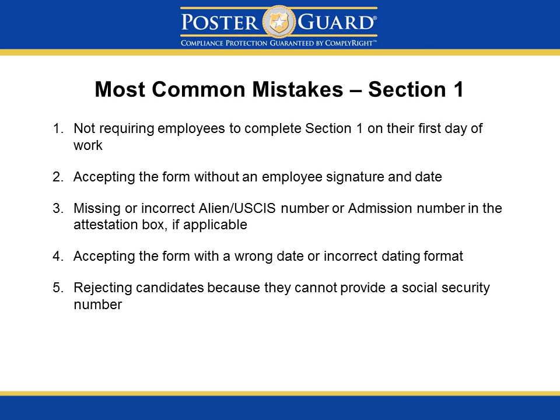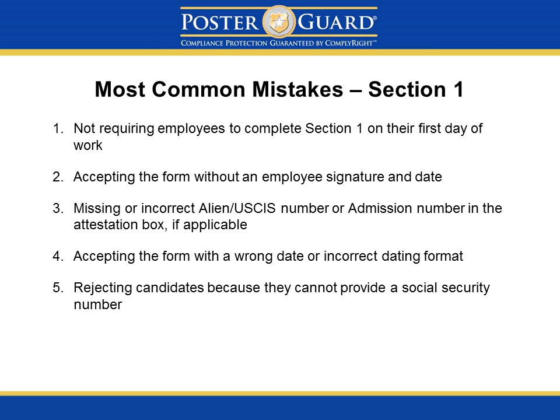That's really the whole purpose of the section. The third mistake is accepting a form with missing or incorrect alien or USCIS number or admission number in the attestation box. So if the box that they've checked requires more information, which is right there on the blank lines, make sure it's been provided or go back to the employee to get it straightened out.